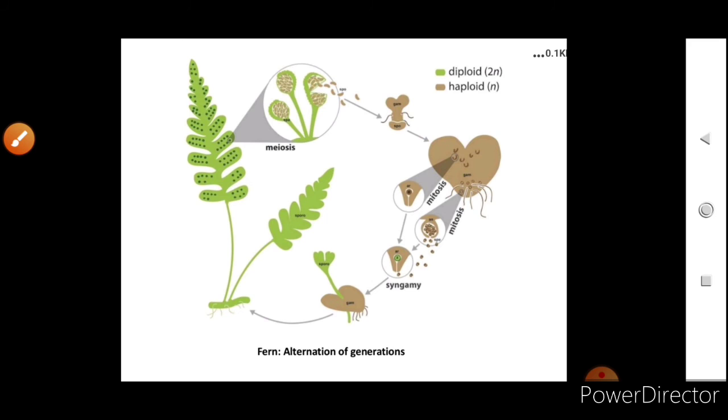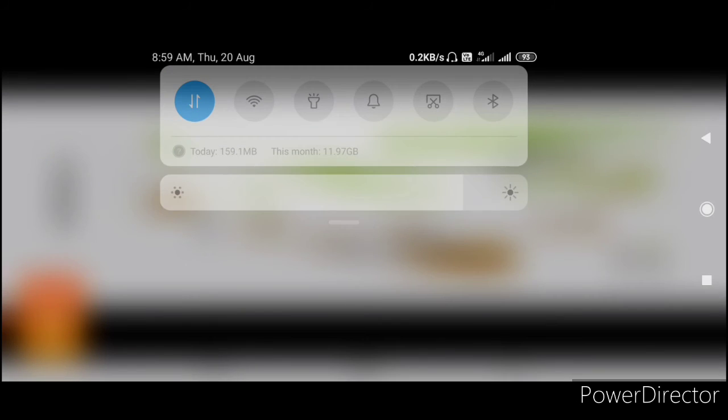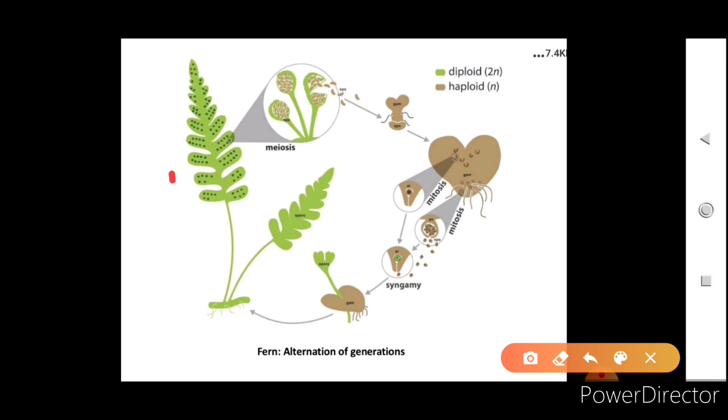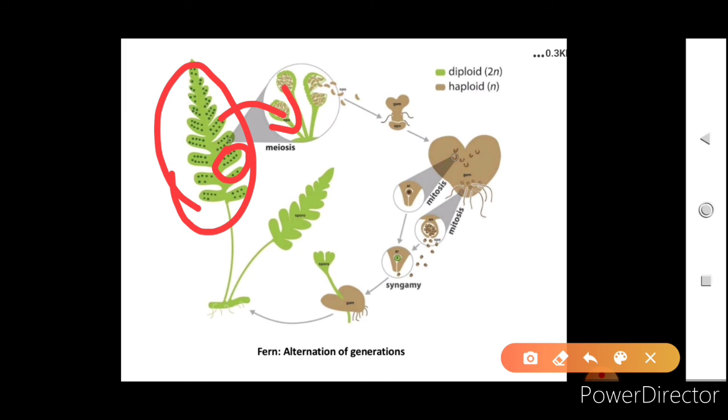Now here you can see the alternation of generation in these pteridophytes. This is the leaf we already talked about. You can see the spores in this, and these spores are present inside the sporangia. So meiosis will occur and the spores will be produced which will be haploid.